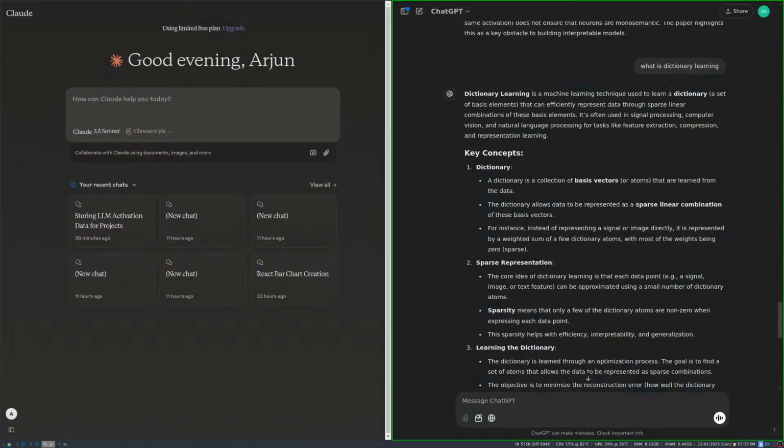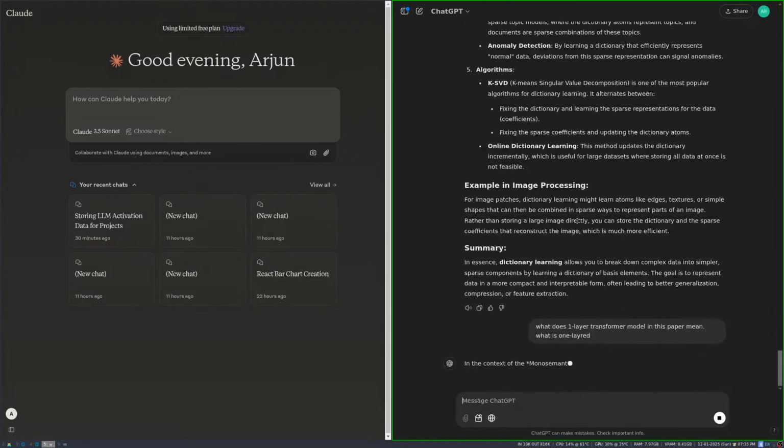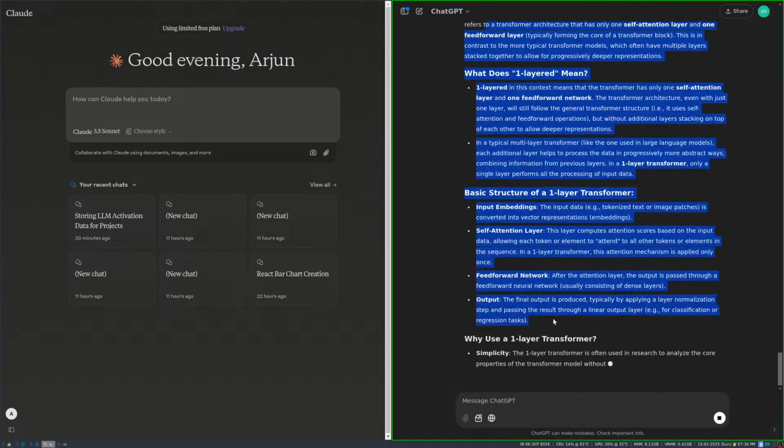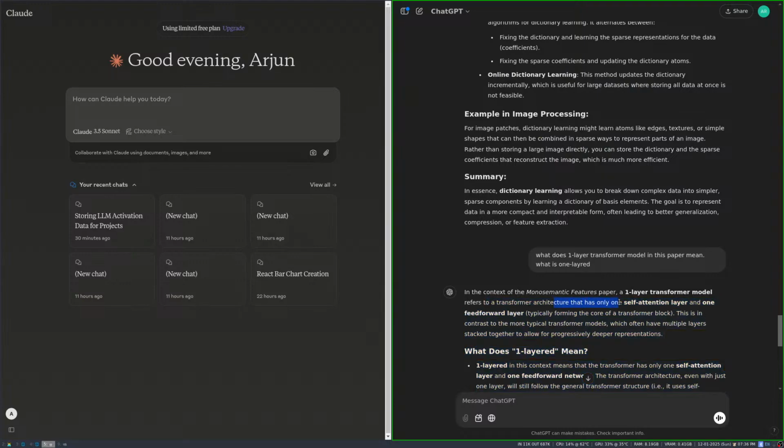Wait, what does one-layer transformer actually mean? What does one-layer transformer model in this paper mean? Is it a head? It refers to the transformer architecture: there is only one self-attention layer and one feed-forward layer.